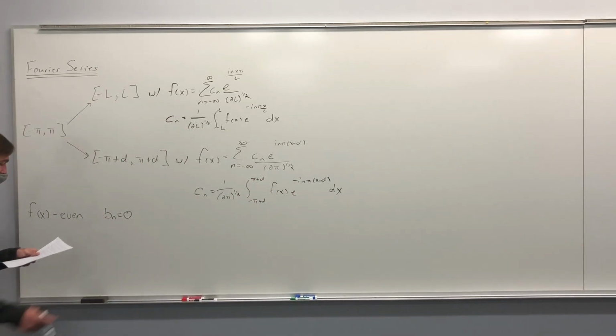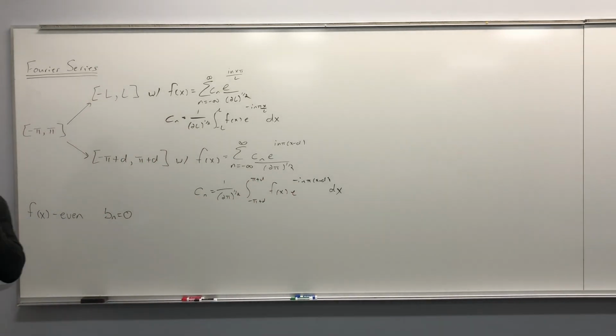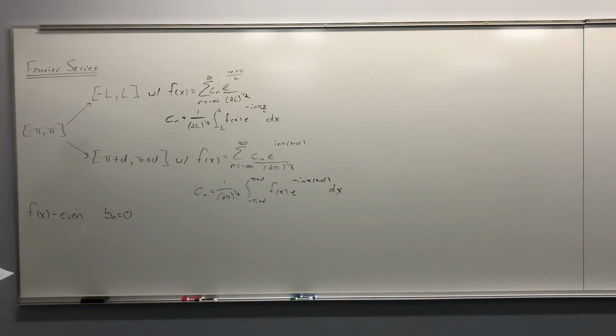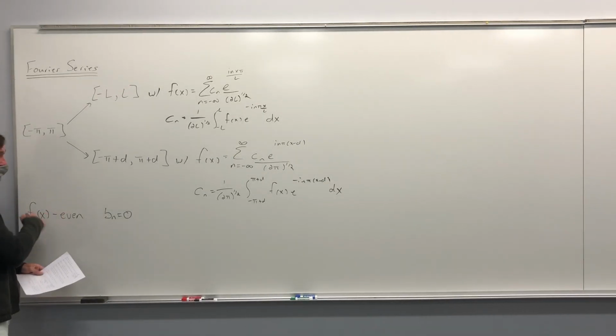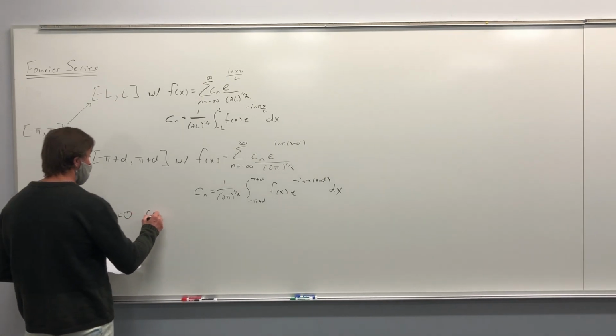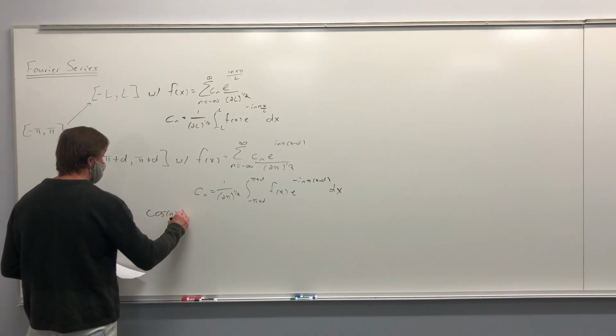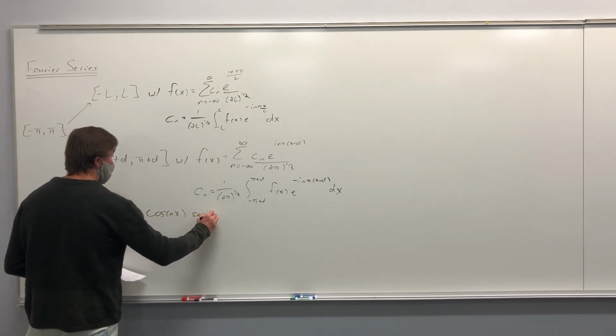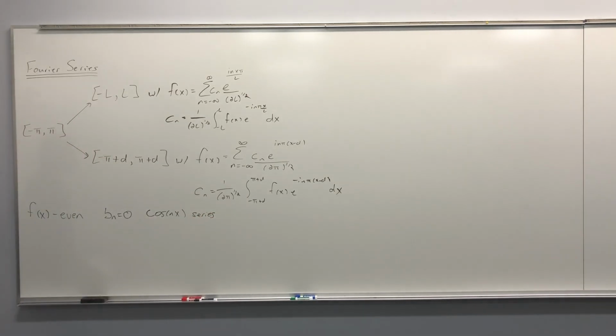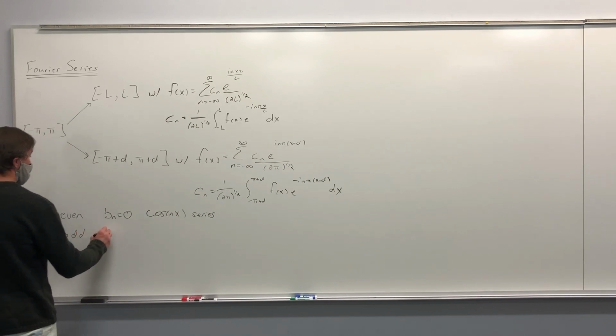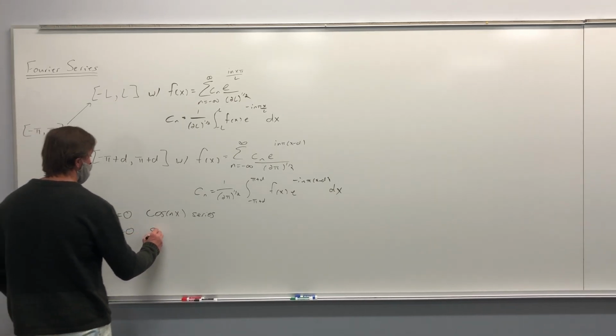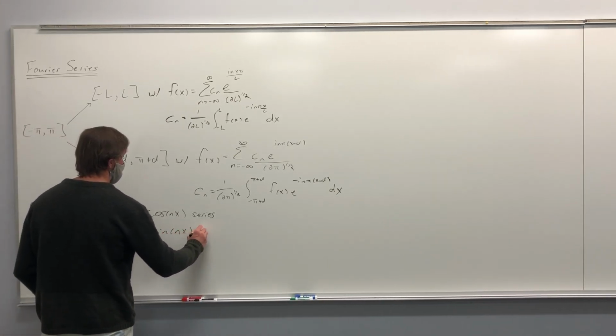So Bn are the sine coefficients and An are the cosine coefficients. If you're dealing with an even function, the Bn is 0, so you end up with a cosine in x series, which is obviously the even series of trigonometric functions. And if it's odd, the An is equal to 0, and you end up with a sine in x series.